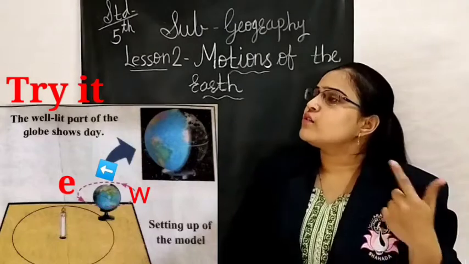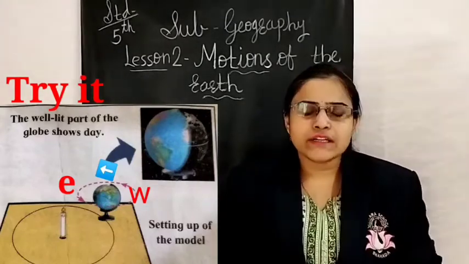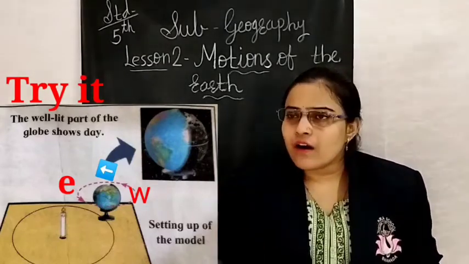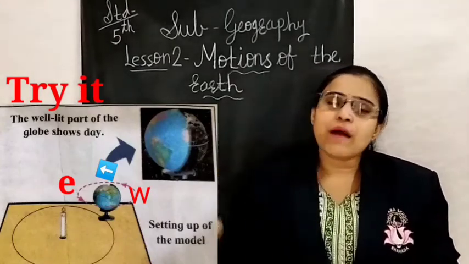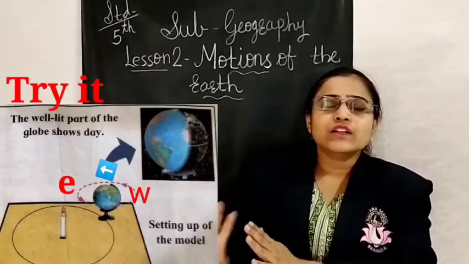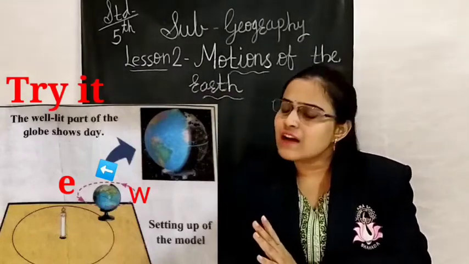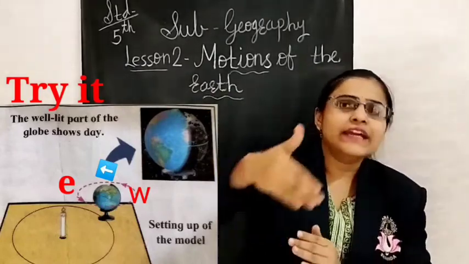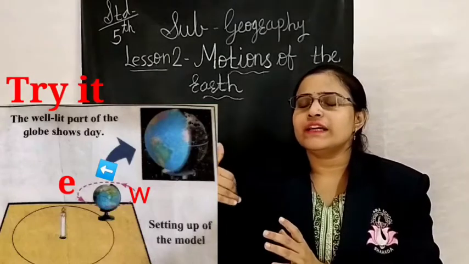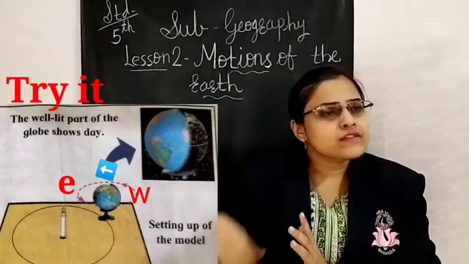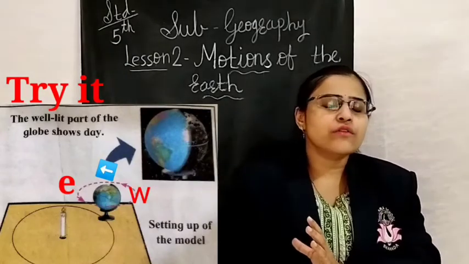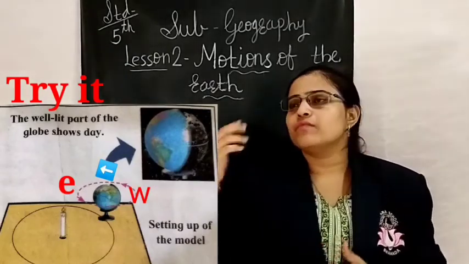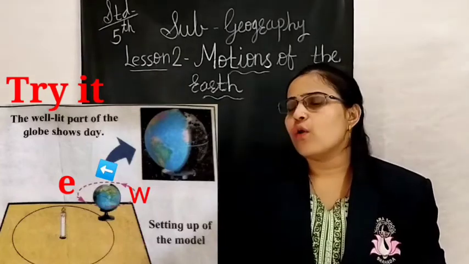As the earth rotates, different parts of the earth get light from the sun, and that part has the day and the opposite one has the night. Again it rotates, and this keeps going on, with different parts of the earth getting the light from the sun.